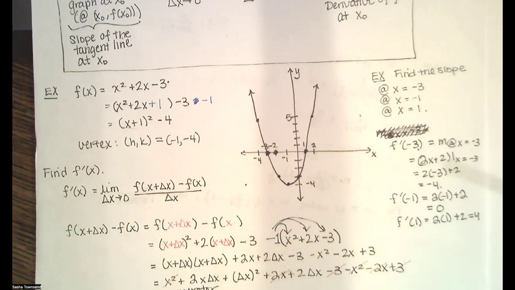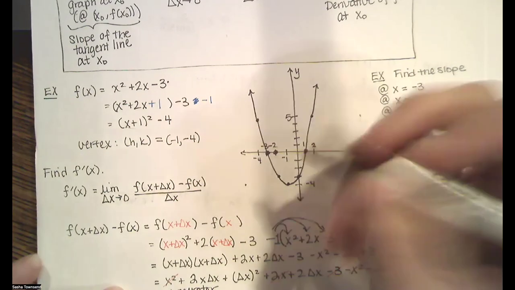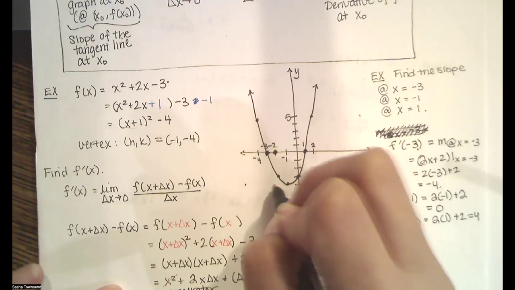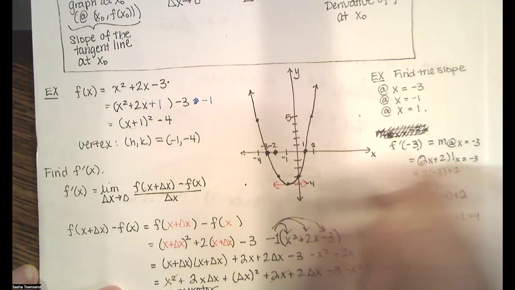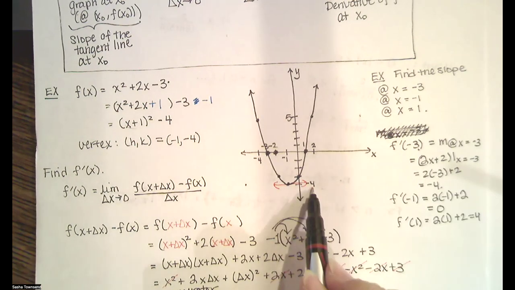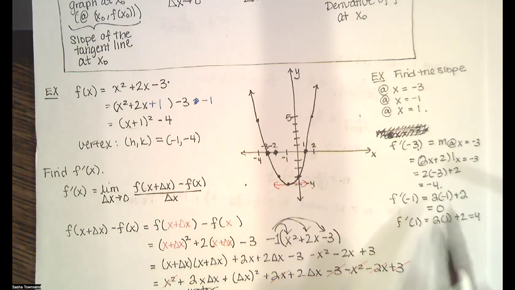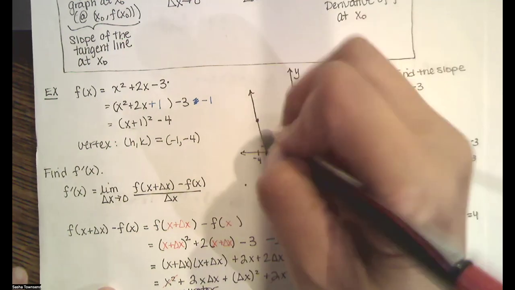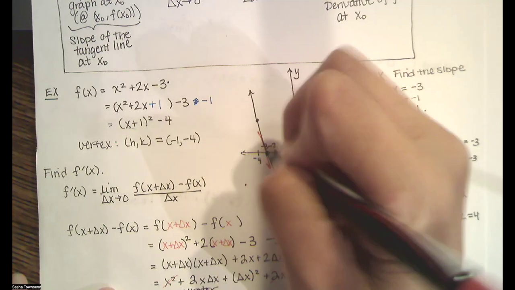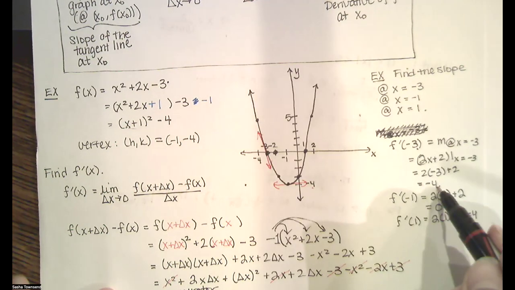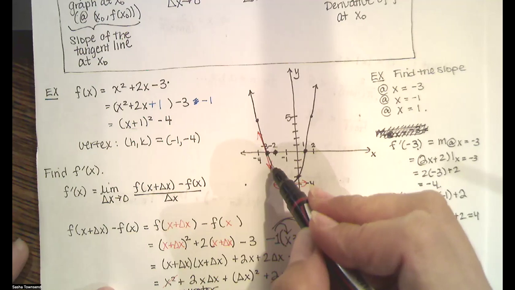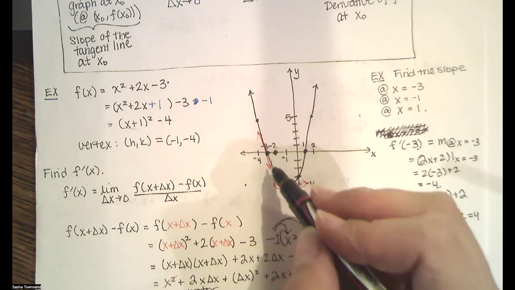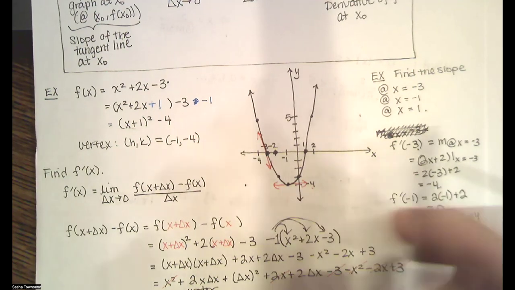And if I draw a tangent line here at x equals -1, that tangent line is horizontal, so it has a slope of 0. That's exactly what we would expect. At this location, the slope is supposed to be -4. Say, okay, well, maybe it is. Let's find out what the tangent line is and graph that along with our curve and make sure that it's tangent to the curve.